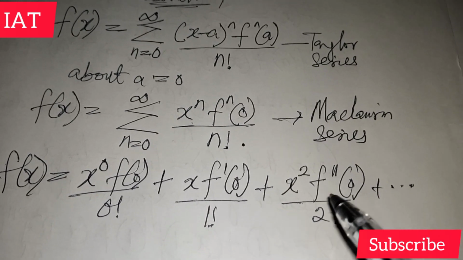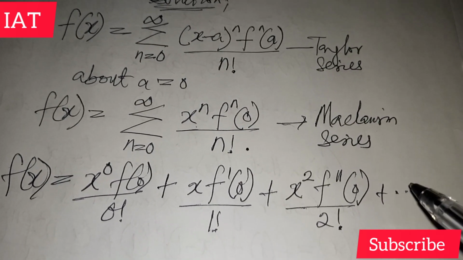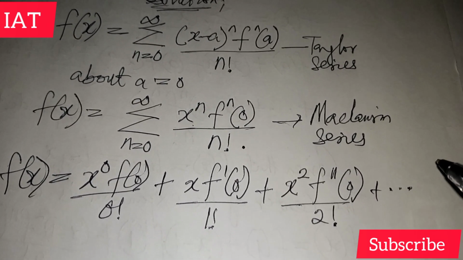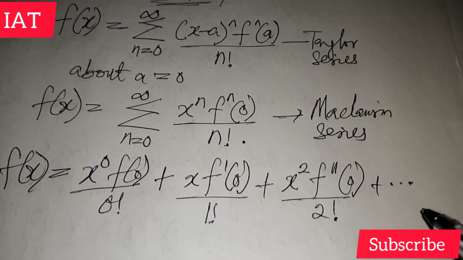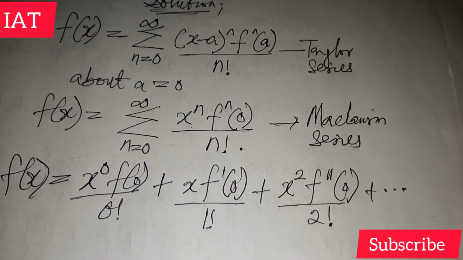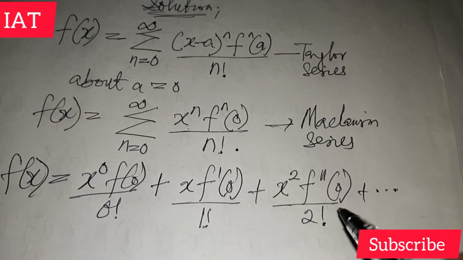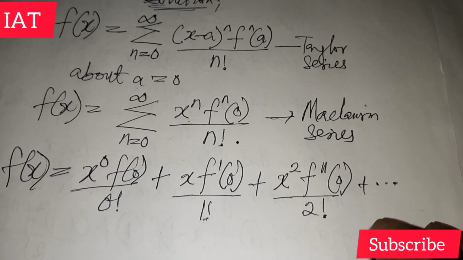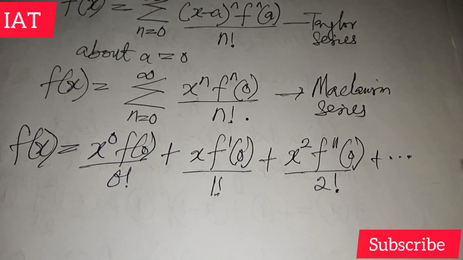This ellipsis means that you can continue with the third power of x and the third derivative all over 3 factorial, the fourth power of x and the fourth derivative all over 4 factorial, as the case may be.